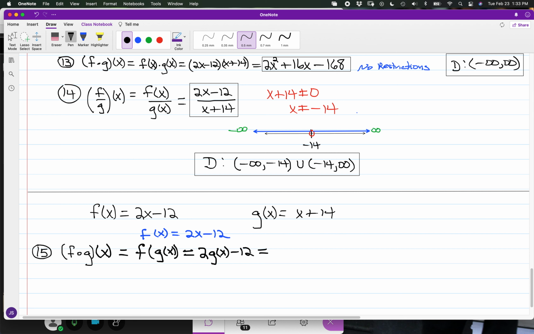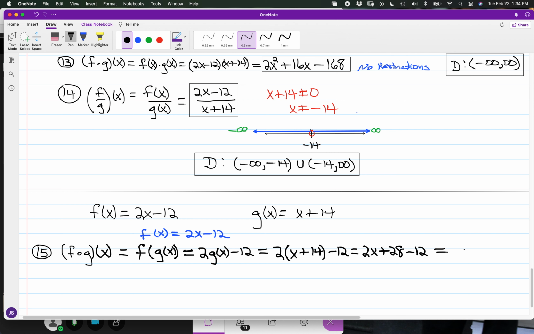And then going ahead and filling in the variable expression representing g of x, I'm going to be looking at 2 times all of x plus 14 minus 12. And we have with the distributing. So you have 2x plus 28 minus 12.